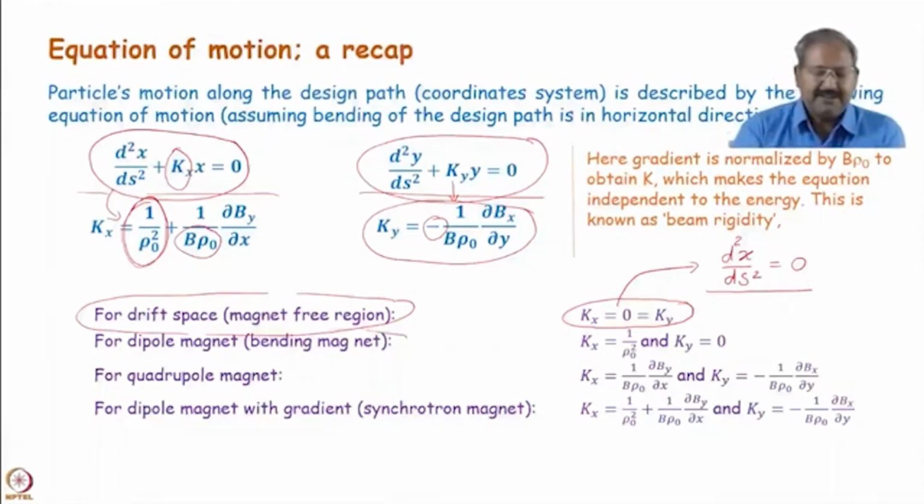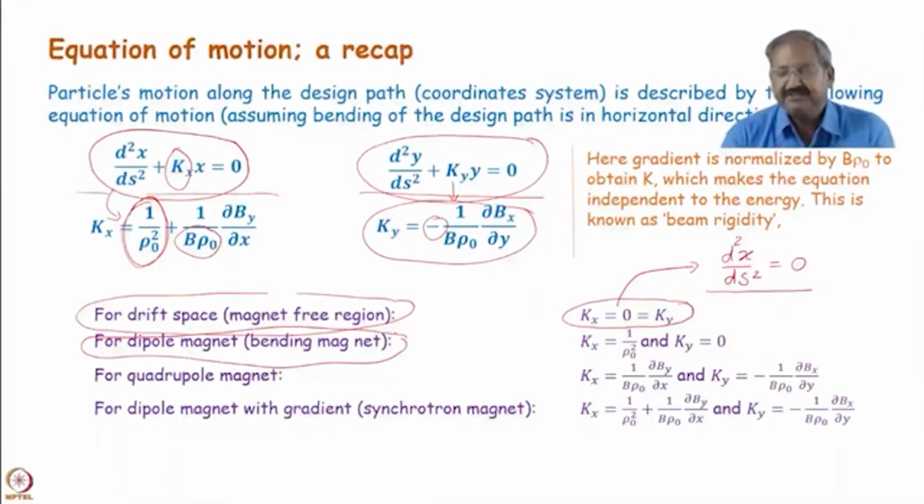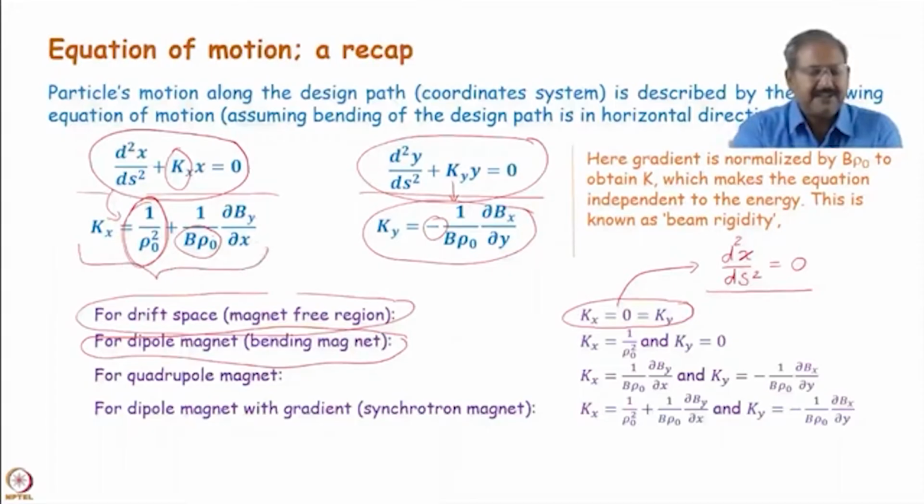In the dipole magnet, as we already discussed, the curvature related part will be there. So in the dipole magnet, in the horizontal plane we have K equal to 1 by rho square plus the gradient related part. However, we are considering a pure dipole magnet, means no gradient, so Kx will consist of only 1 by rho naught square.